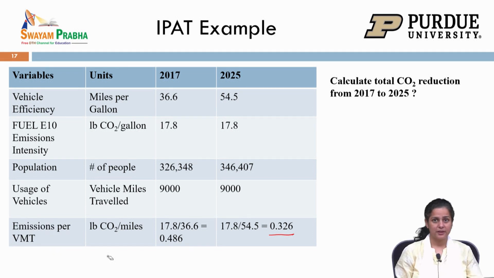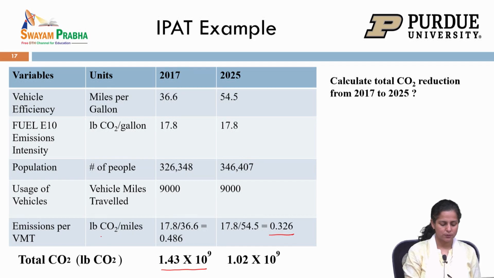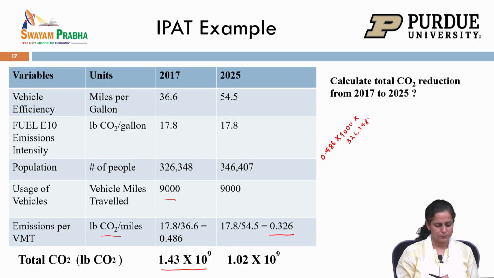Okay, let's see the answers. So total CO2 is 1.43 into 10 to the power 9 for 2017. So you multiply the LbCO2 per mile, which is 0.486, by your total miles travelled, and then your total population, which is 326,348, which is the number of people.